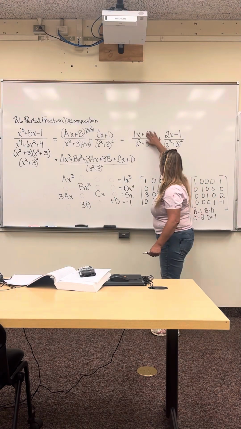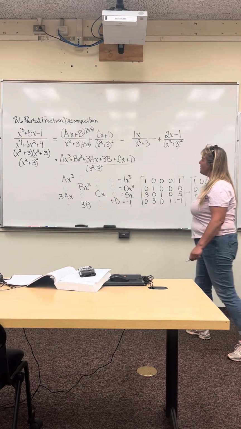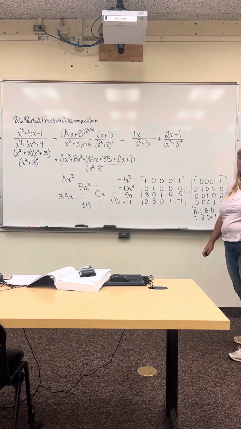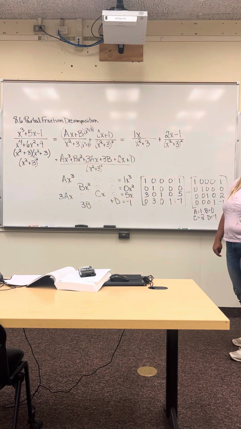And now if we want, we can erase that and say that this is x over x squared plus 3 plus 2x minus 1 over x squared plus 3 squared. Alrighty, we got it. Okay, so there are 3.